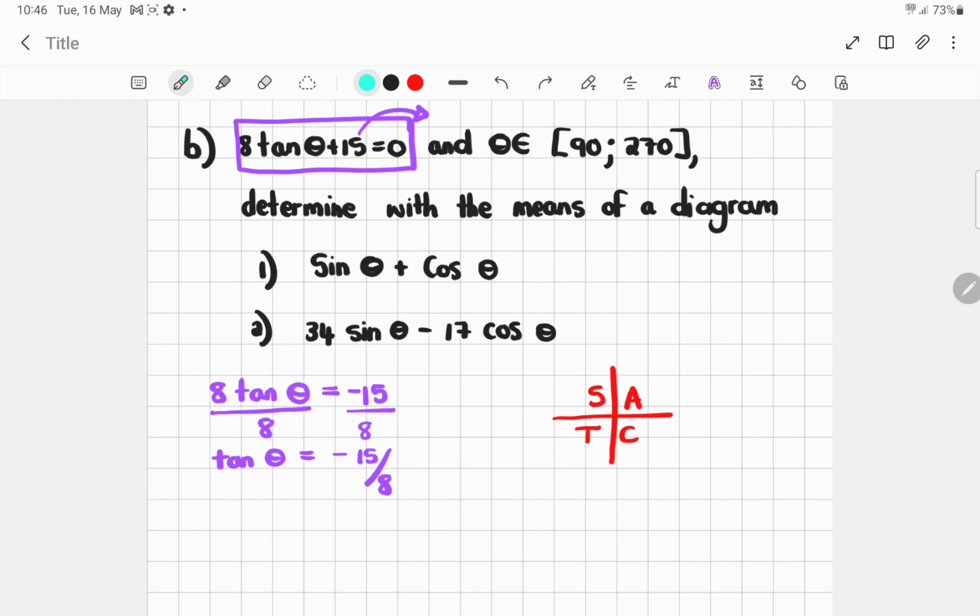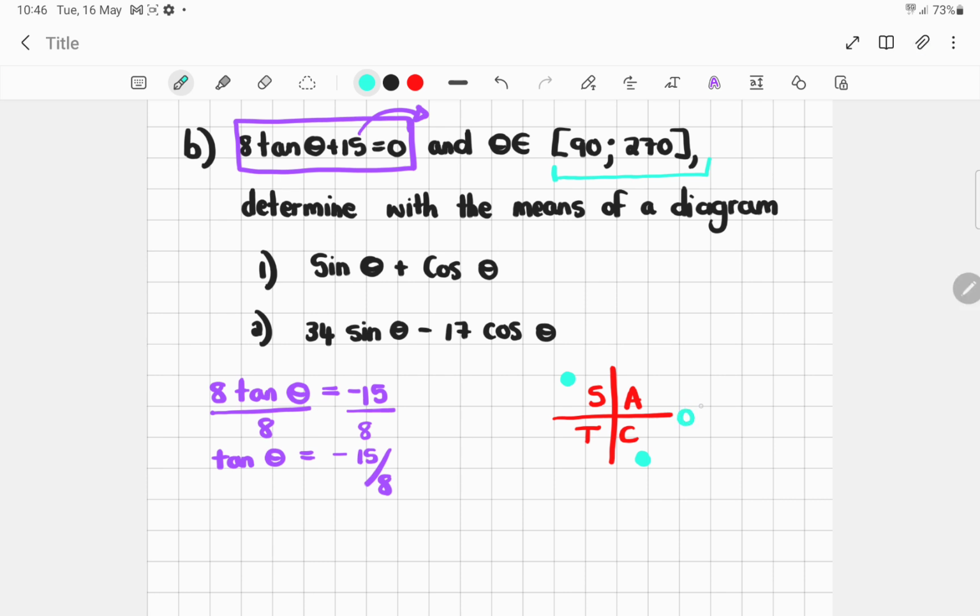If you throw it over and you don't put in negative 15, then everything is wrong. Tan is negative over here and over there, because tan is positive in the other two quadrants. But they also say that theta ranges between 90 and 270.